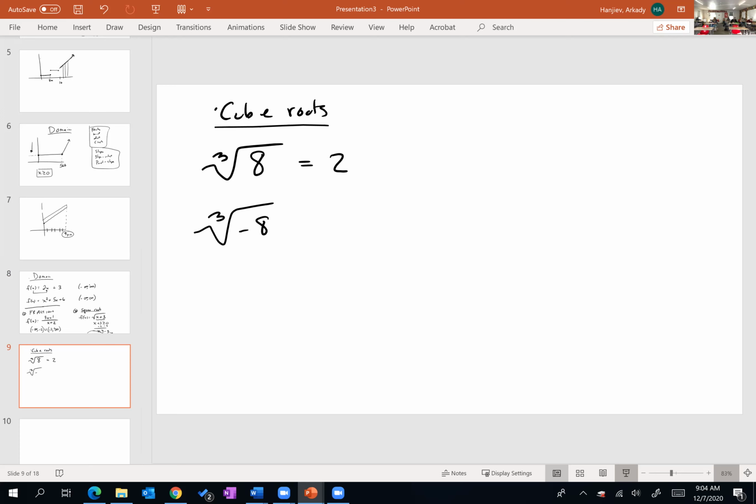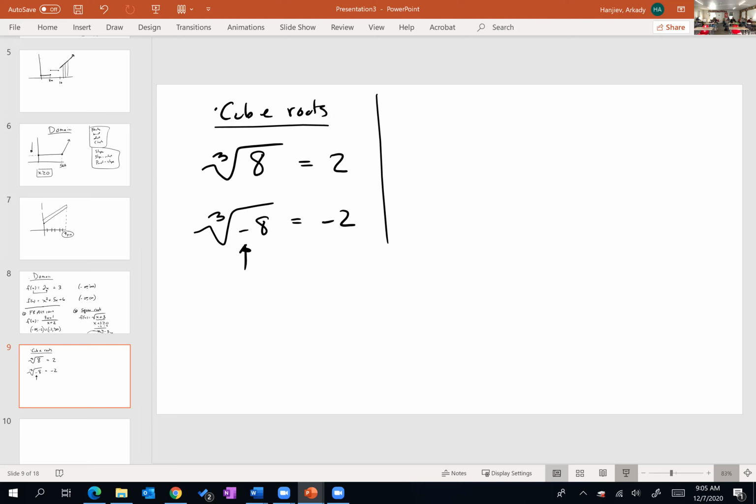Give me a number, multiply 3 times to give me -8. -2. Notice a positive 2 and -2. Notice the negatives are able to be worked into a cube root because you have 3 of them, and because you have 3 of them, you can make it either be a negative or a positive here.